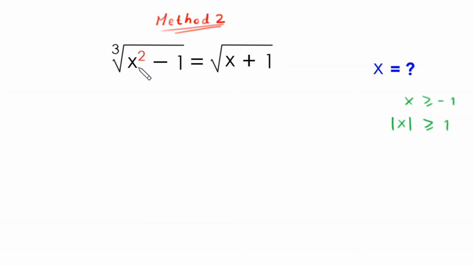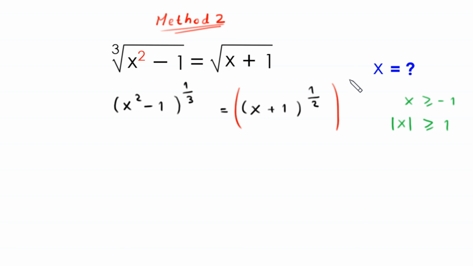And we can write this expression at the left hand side in exponential form as x squared minus 1 whole to the power 1 over 3 equal to, we can write this expression as x plus 1 whole to the power 1 over 2, and we take power 6 on both sides.